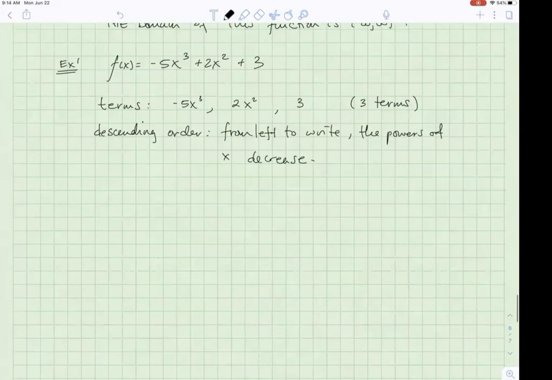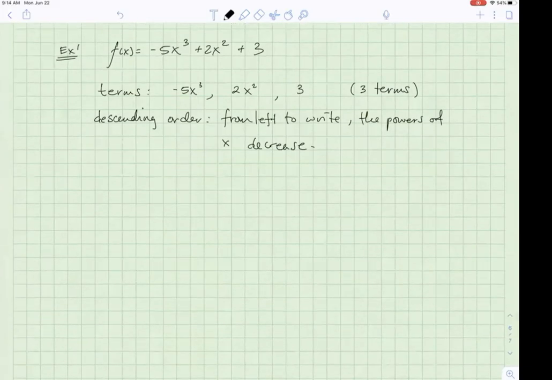All right. The constant term here is 3. The coefficients in the order in which they appear are negative 5 and 2.